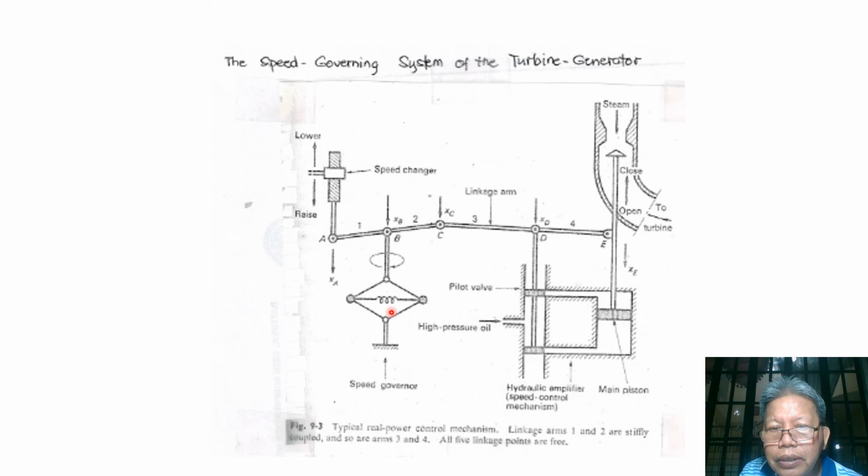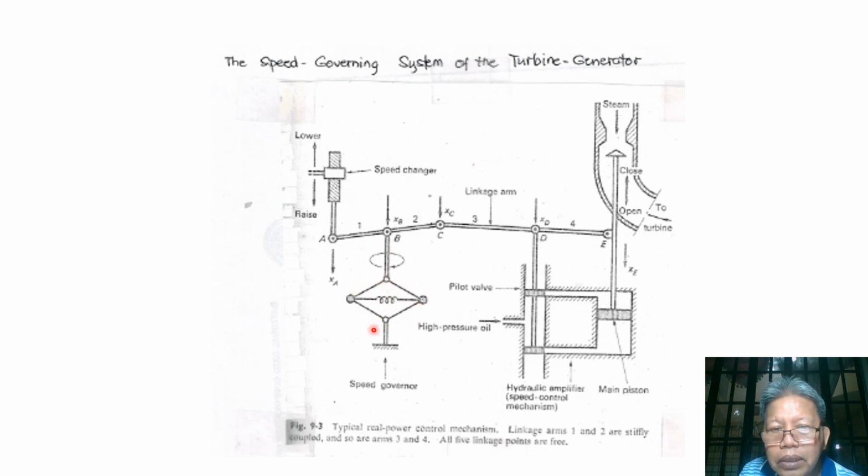The speed governor, this flyball governor, is connected to the shaft of the generator. So when the generator is not running, the spring will pull these two balls close together, and the bars straighten up.